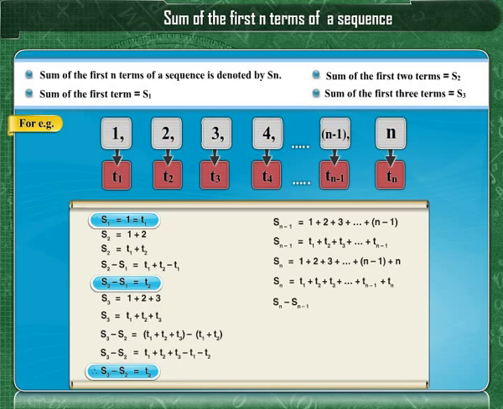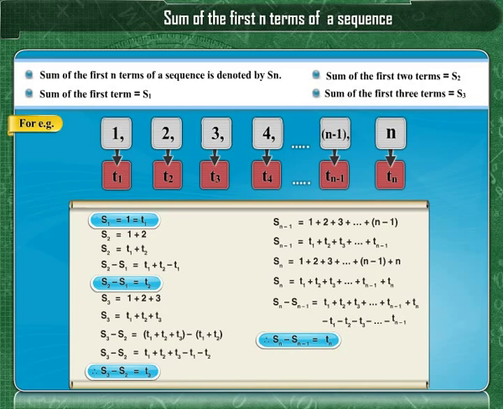What is Sn minus Sn-1? Sn minus Sn-1 is equal to T1 plus T2 plus T3 and so on up till plus Tn-1 plus Tn minus T1 minus T2 minus T3 minus and so on up till minus Tn-1. Cancelling the like terms, we get Sn minus Sn-1 is equal to Tn.